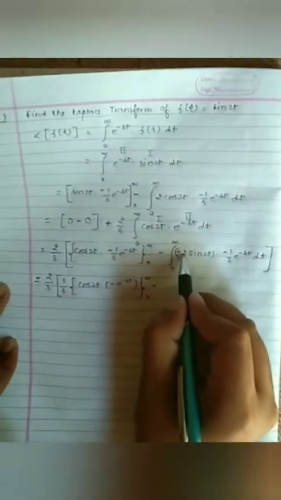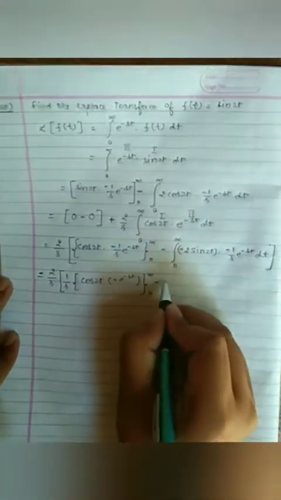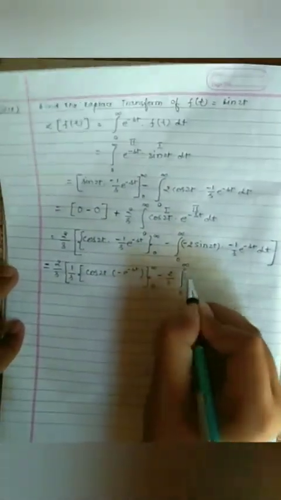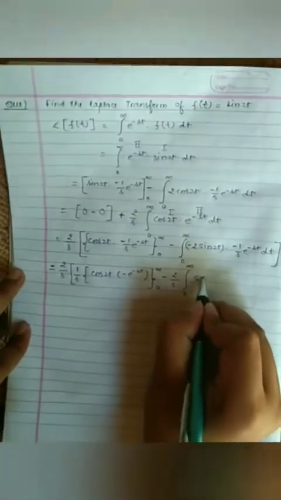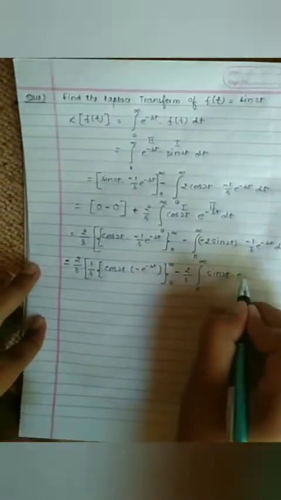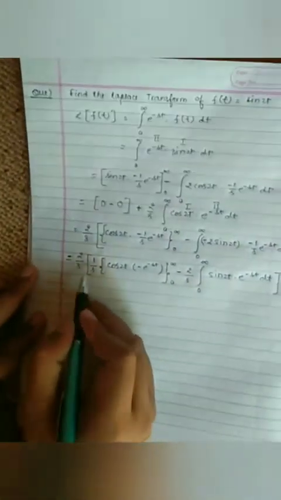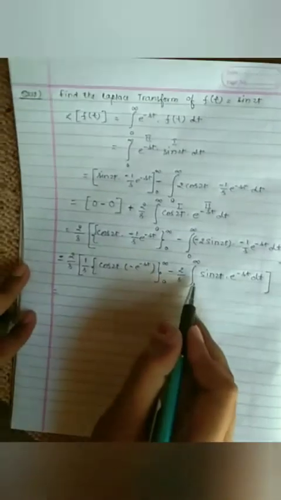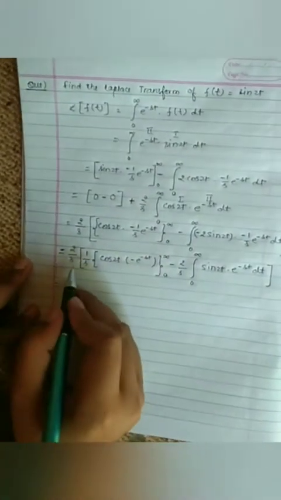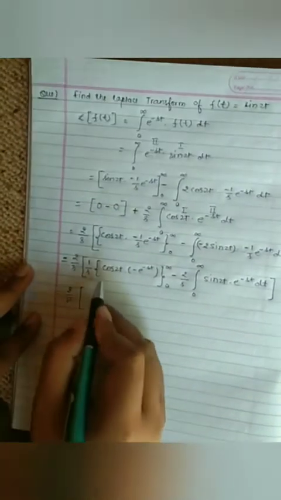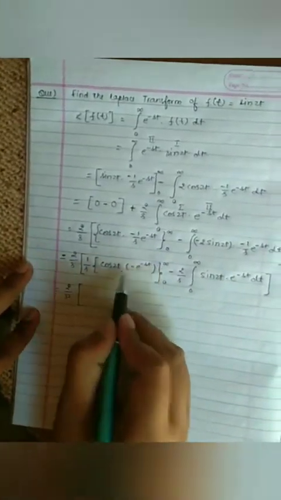And we take minus 2 by s outside, so it will become 2 by s integral 0 to infinity sin 2t into e power minus st dt. Now we can take 1 by s common from both these. It will be 2 by s square, and now we can apply the limits.